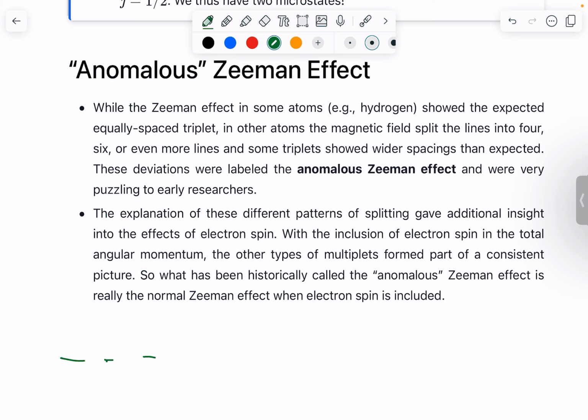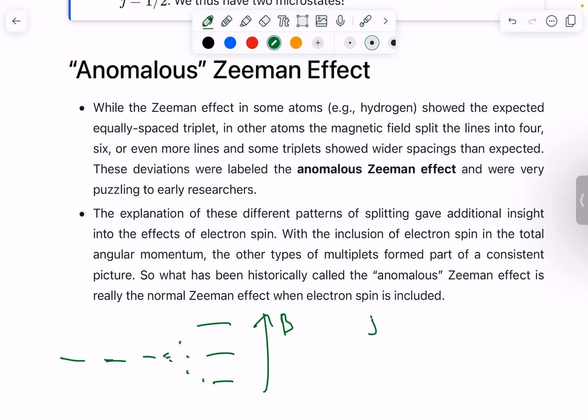You had a 2p. These orbitals would be split into 3 levels because of the external magnetic field interacting with the angular momentum L. Okay, so the anomalous Zeeman effect comes from the spin-orbit coupling, the fact that you now have this total angular momentum, and you can split lines even further.